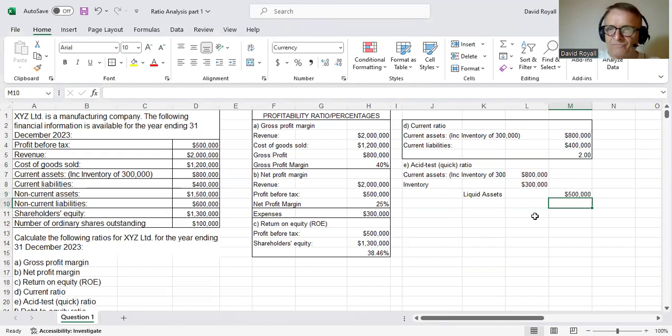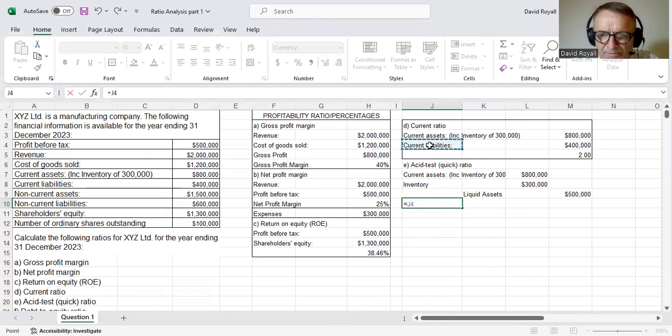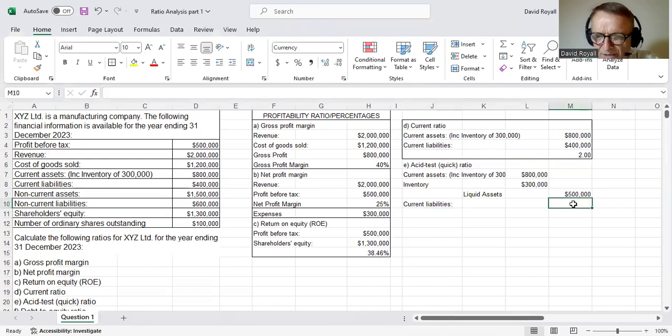I sort of do them with spreadsheets, not always good practice when you're trying to show others how to do it. But what we said is we want the current liabilities in exactly the same way as I did up here. Nothing's changed in that respect.